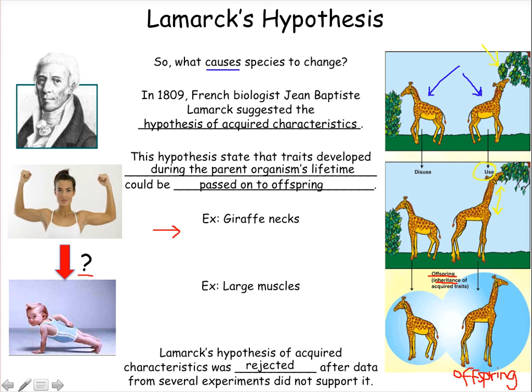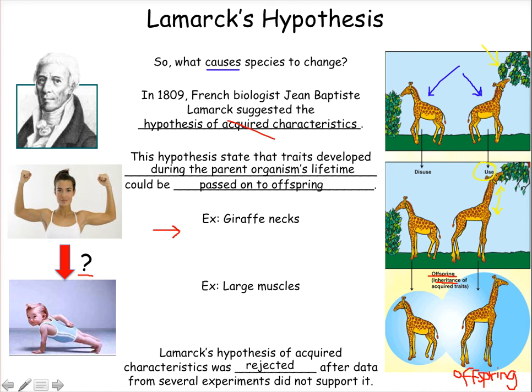We could actually set up an experiment where we have women work out and try to grow their muscles, and then we can see if those characteristics get passed on to the children, and what we know today is that they don't. So Lamarck's hypothesis is incorrect.